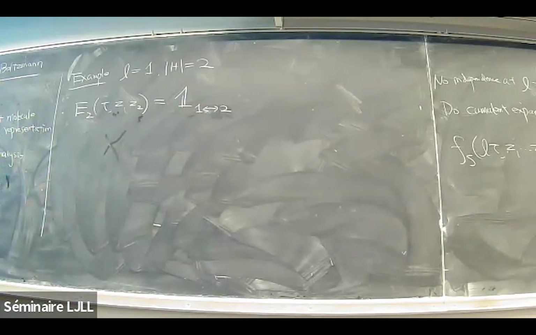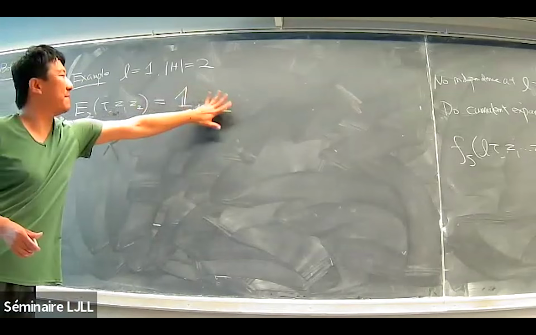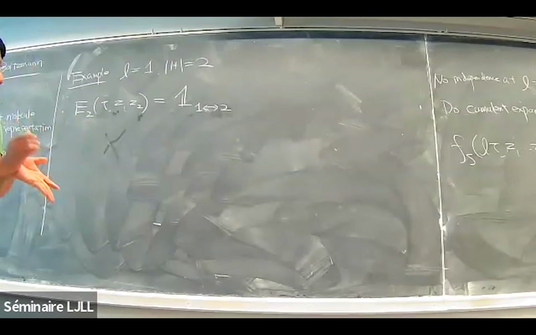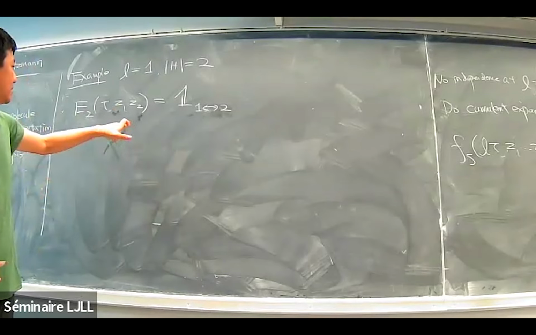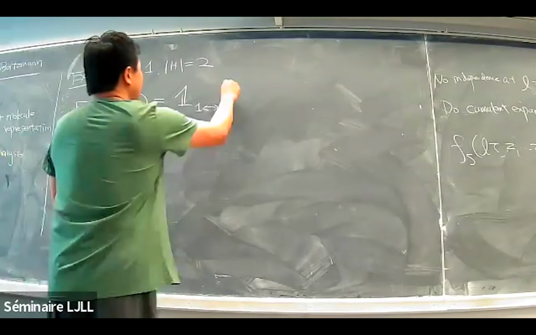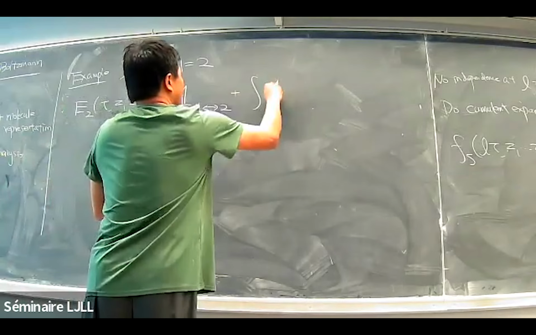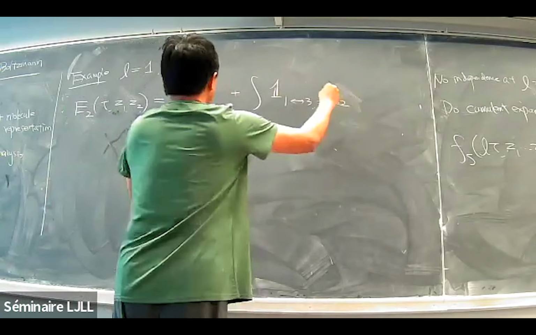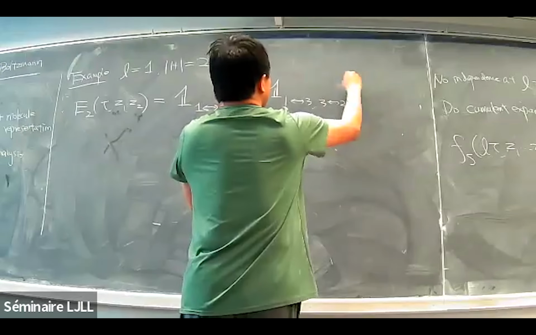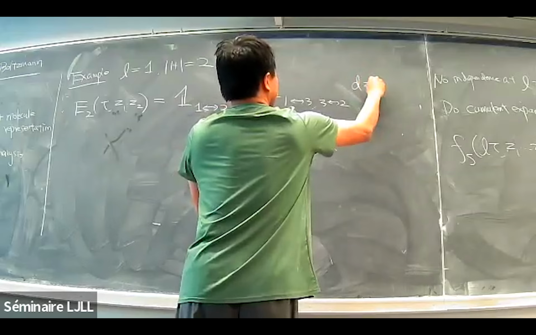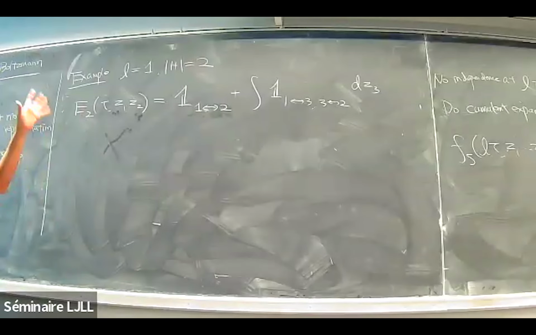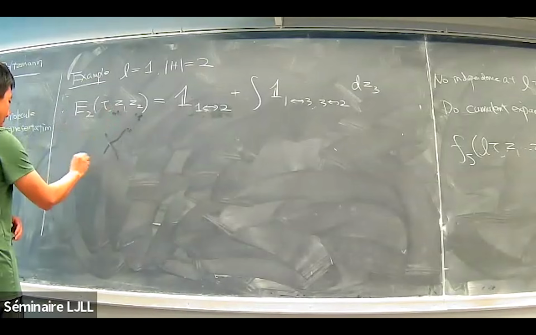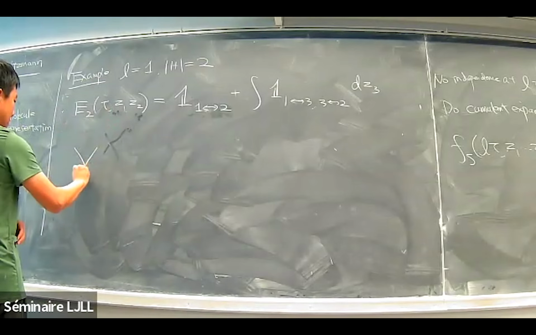There are other terms: not only when they are directly colliding, they can be related by a sequence of collisions. For example, when Z1 collides with Z3, and Z3 collides with Z2, there is an integral of 1 collides with 3 and 3 collides with 2, again in the interval 0 to tau. For example, this would correspond to a diagram.